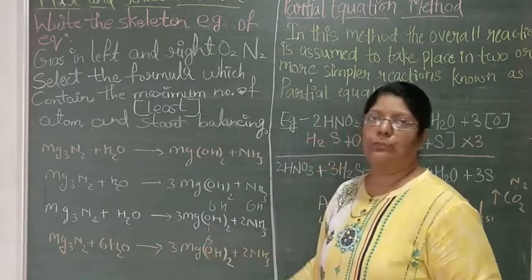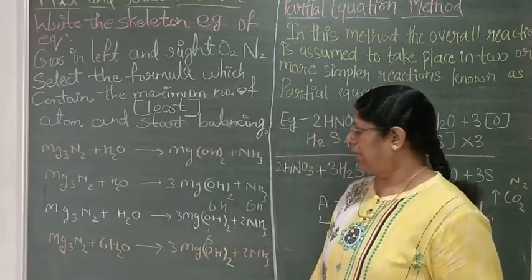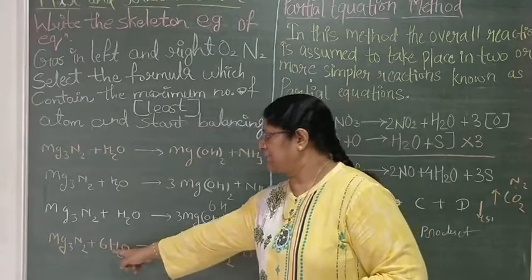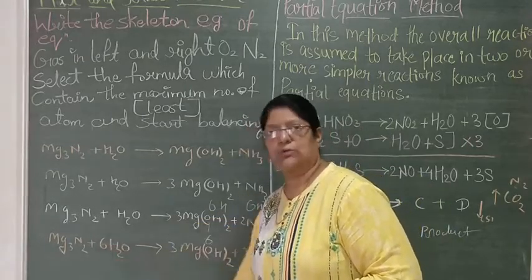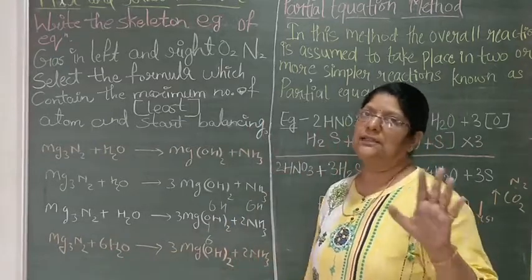So I have to balance oxygen and hydrogen through this water molecule. I will take 6 molecules of water. As I take 6 molecules of water, oxygen will be 6 and hydrogen will be 12. And now the reaction is balanced.